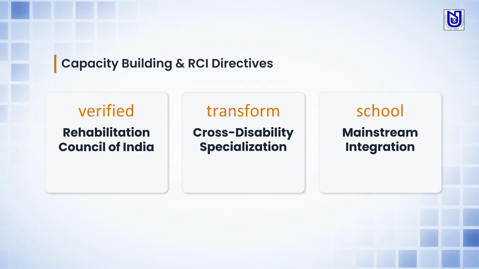And finally, it also integrates into the mainstream educational system. The mandatory modules on basic special needs and screening educational adjustments integrate the B.Ed and M.Ed programs to promote capacity building and true inclusion across educational institutions in India.